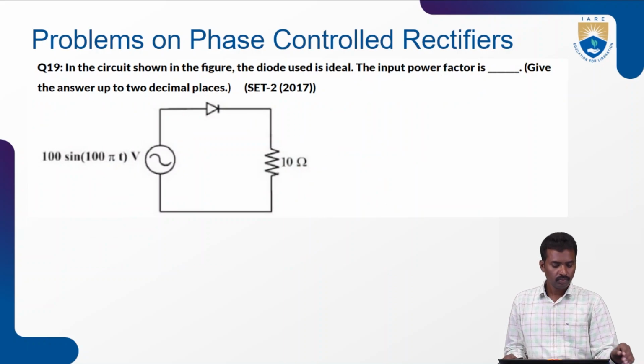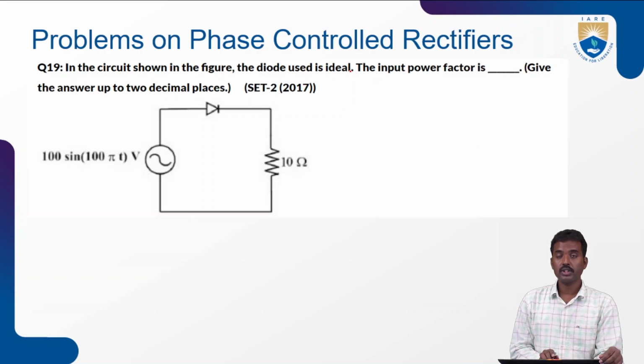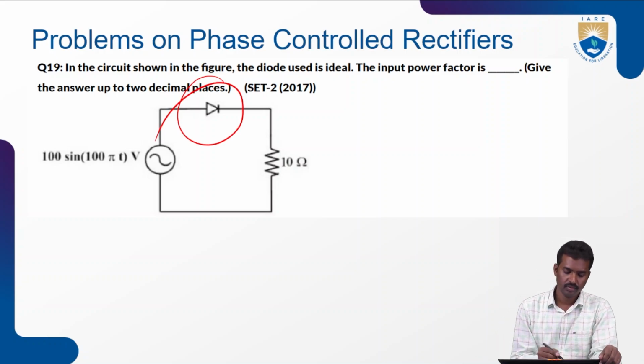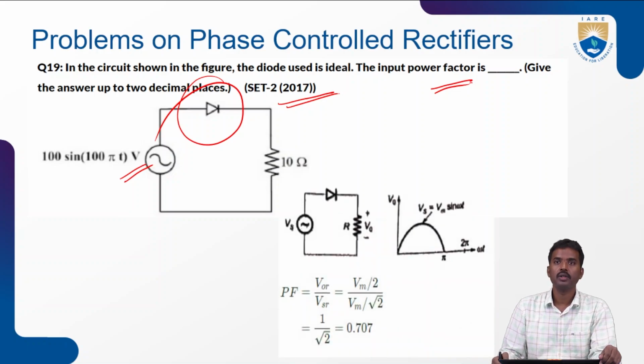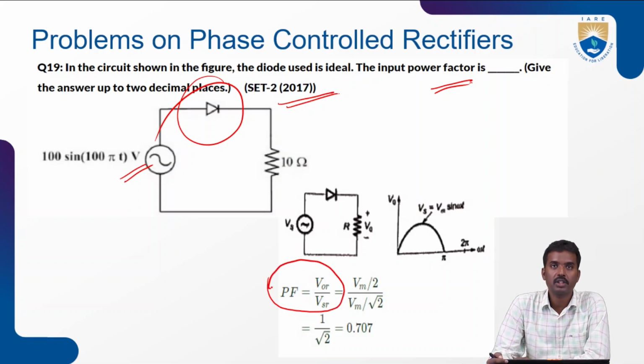Now in the circuit shown in the figure, the diode used is ideal. The input power factor needs to be calculated. It was asked in 2017. This type of problem we have already discussed in the previous second problem.